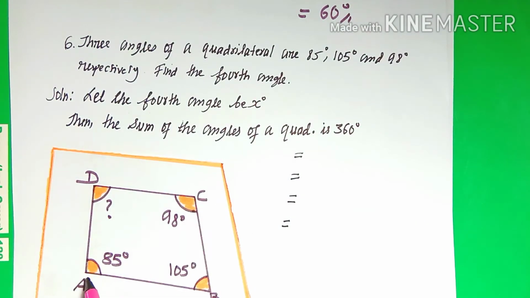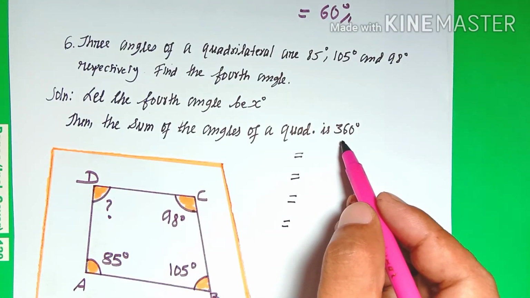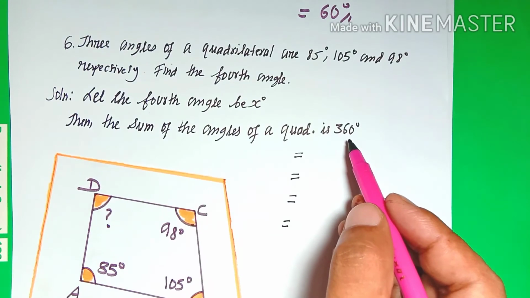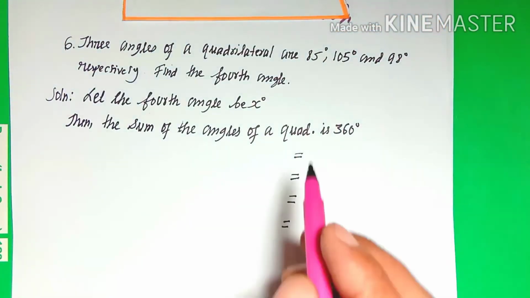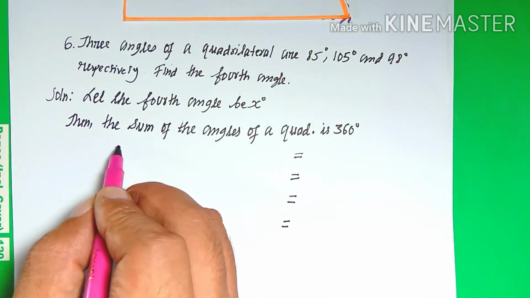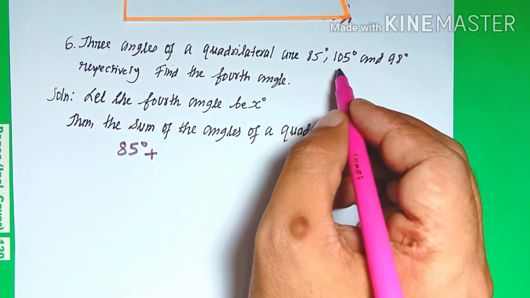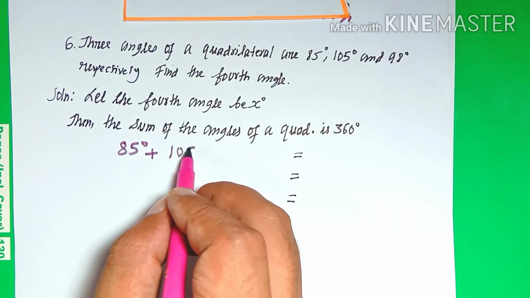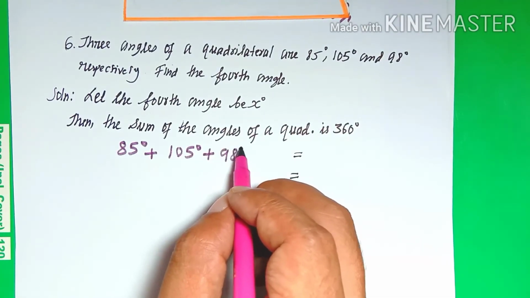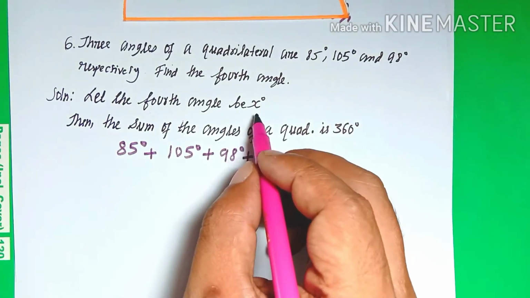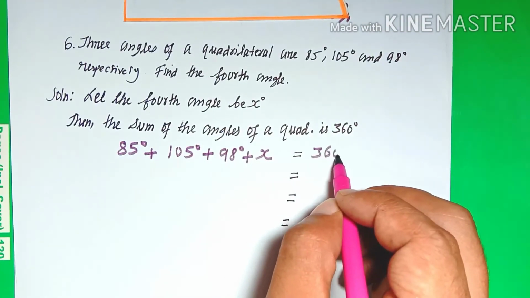That means angle A plus angle B plus angle C plus angle D is equal to 360 degrees. So we take the first angle, 85 degrees, plus the second value, 105 degrees, plus the third value, 98 degrees, plus the fourth angle we have assumed as X, and the sum is equal to 360 degrees.